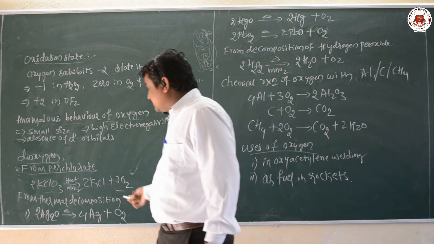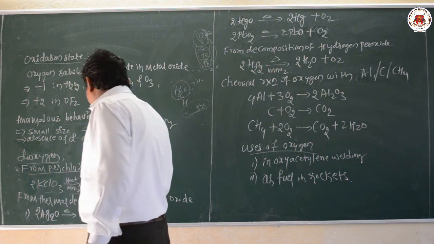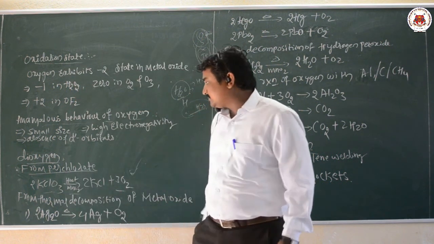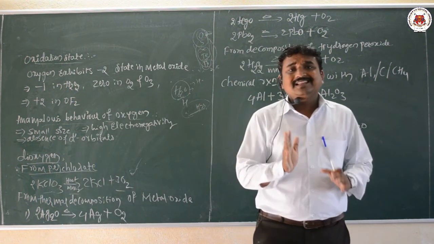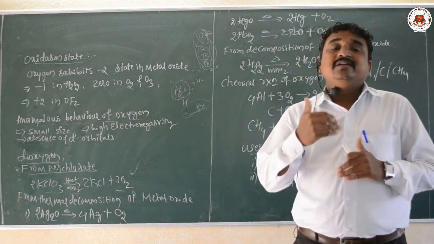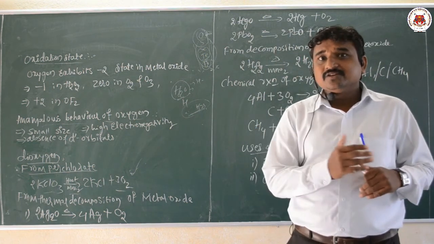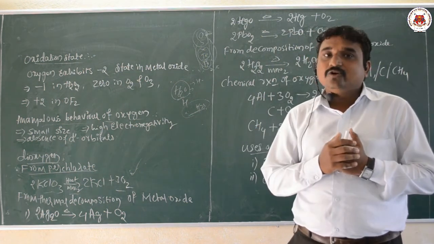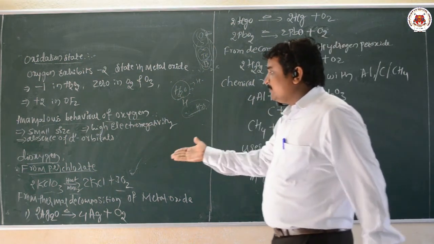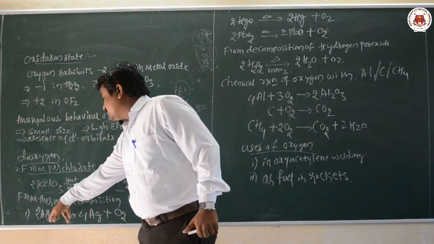Now the next concept is the thermal decomposition of metal oxide. When a metal oxide undergoes decomposition on heating, there is a formation of dioxygen. See here, we have silver oxide.